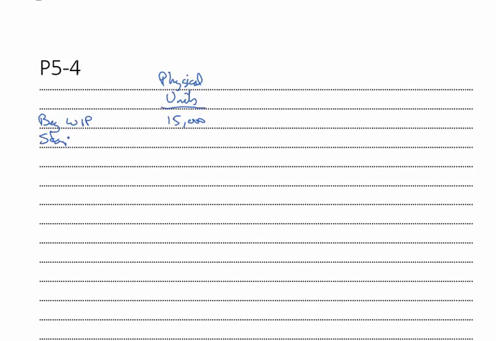Production started 110,000. So that adds up to 125. Completed and transferred out, 100,000. And ending work in process then has to be 25.